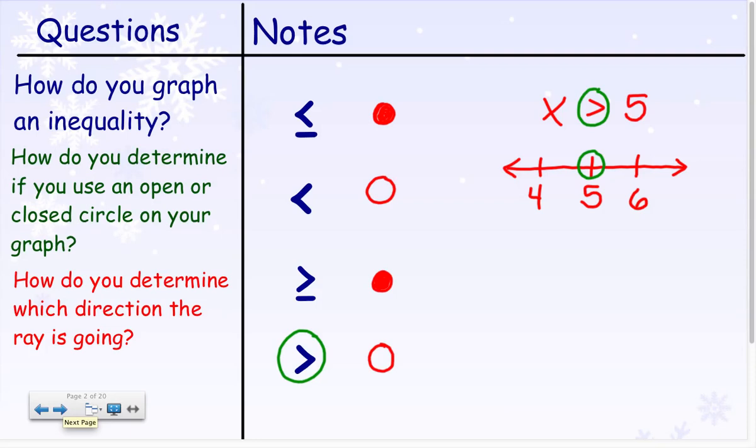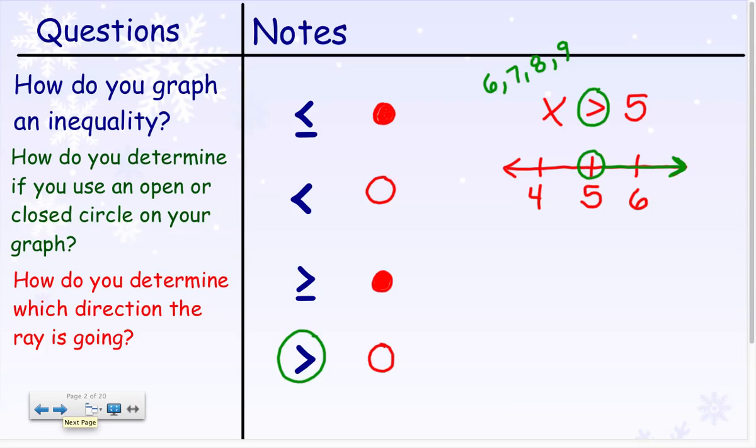Well, what numbers are bigger than 5? 6, 7, 8, 9, and so on. So that means I'm going to shade to the right. Every single number to the right, or that's bigger than 5, is a solution to this inequality.